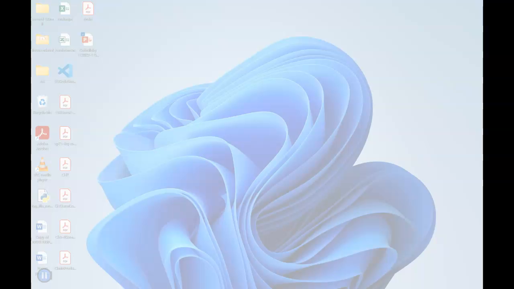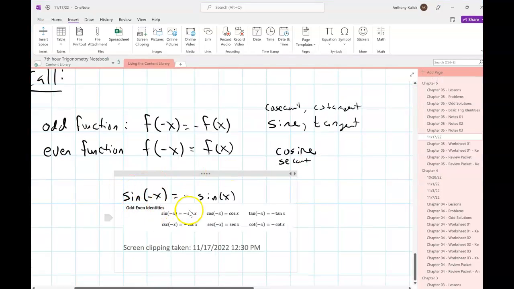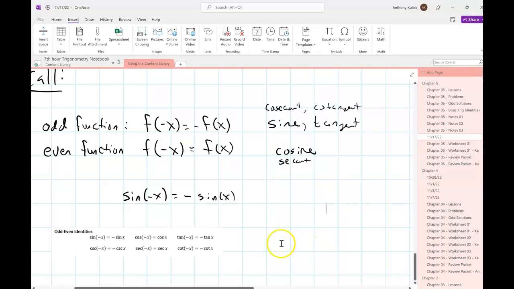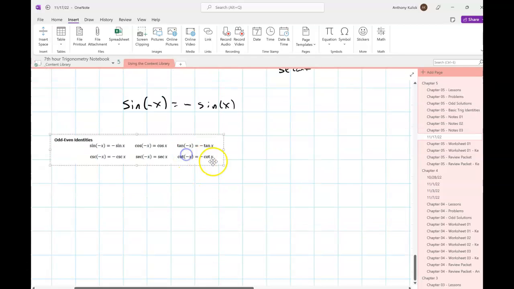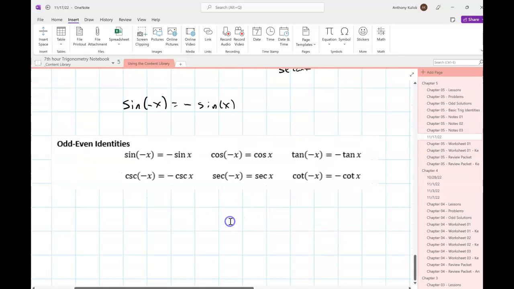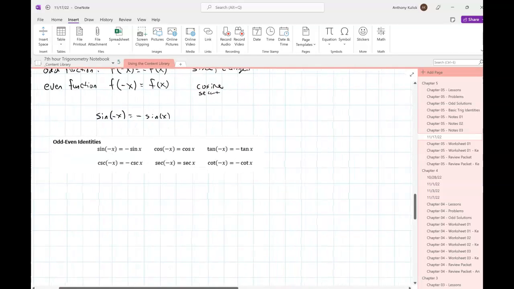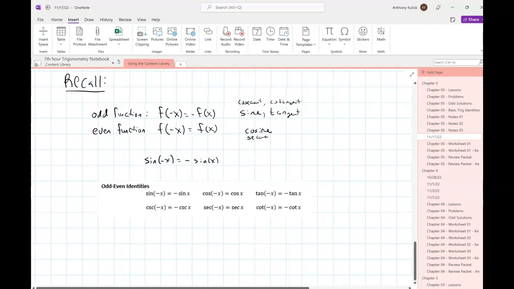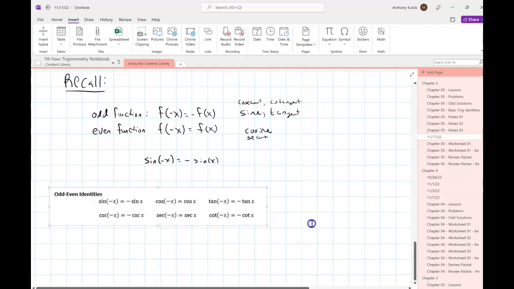I get these odd-even identities that are just a natural consequence of our definitions of odd and even, and the fact that certain functions were odd and even.